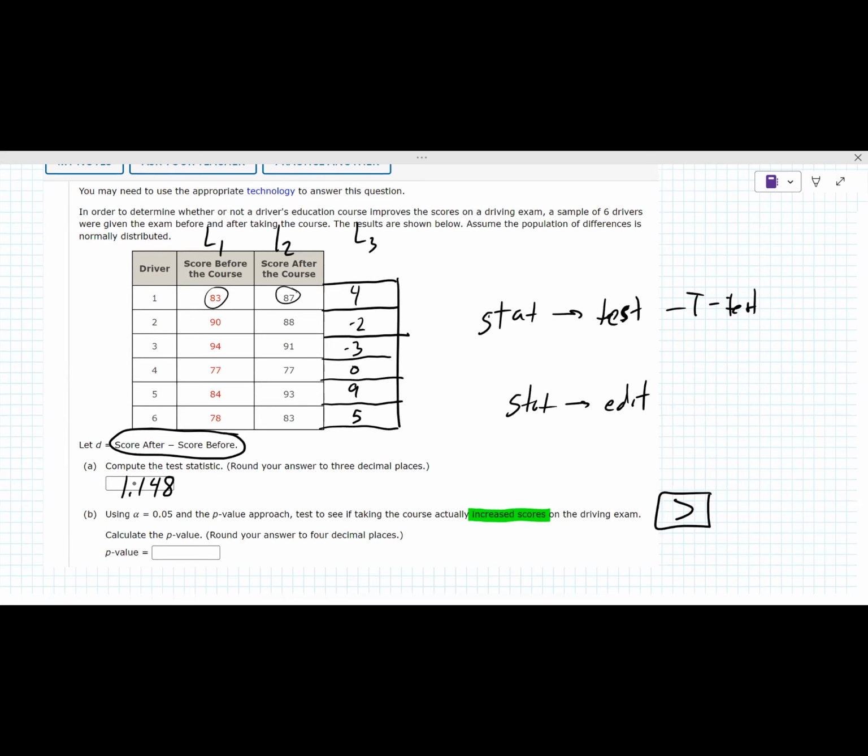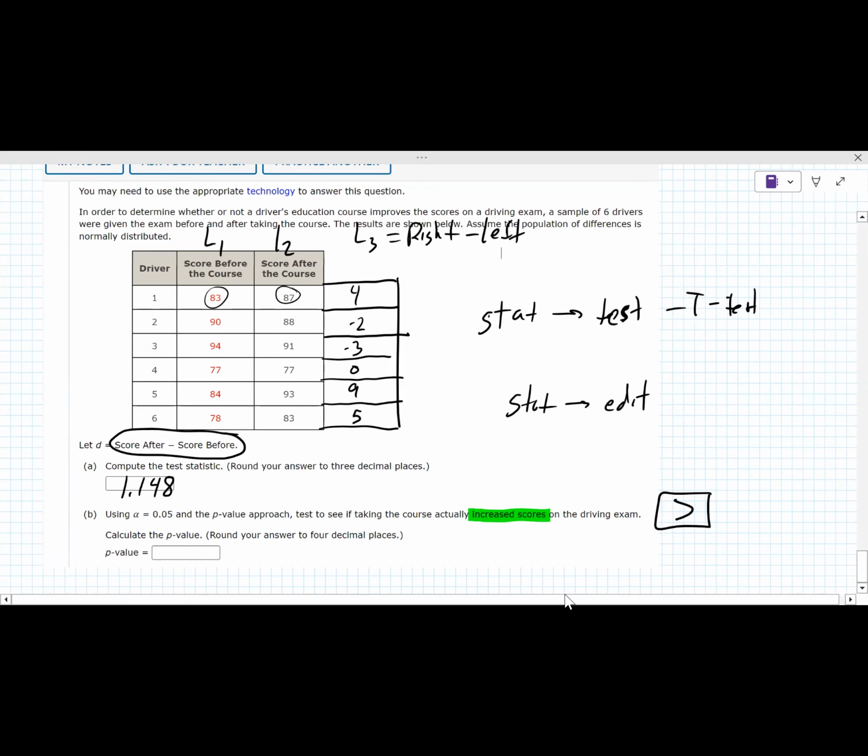Okay, I got 423.095. There's the issue. It should be -2 and -3. It's the right one minus the left one. -2 and -3, 0, 9, and 5. Now I got 1.148.